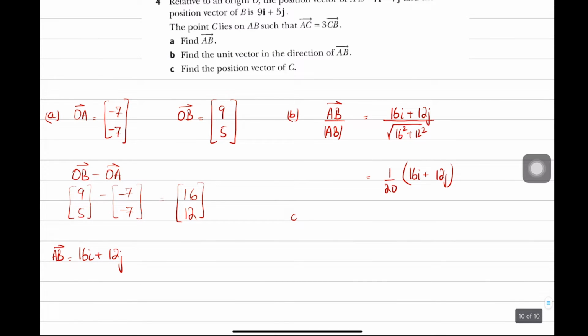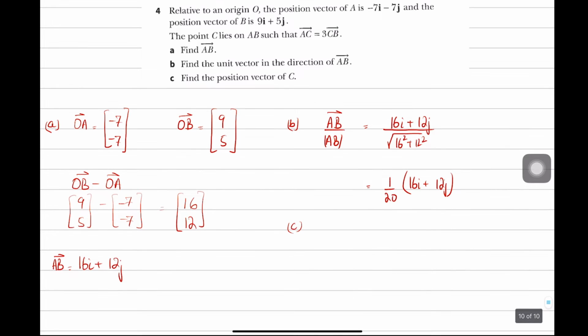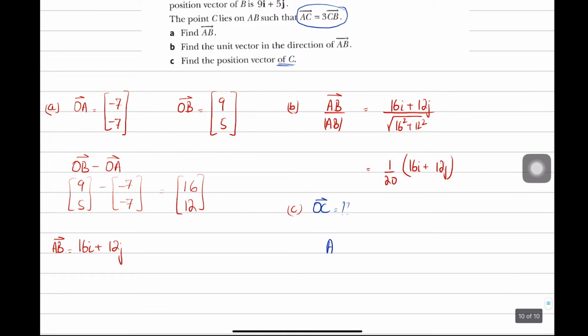Now here's part C, which again is not difficult, but since it's new, you might find it slightly challenging, but it will get easier when we do enough questions. Part C says find the position vector of C, which basically means that we have to find out OC. Notice that this is something that we haven't used so far anywhere in the question. So let's rewrite this: AC equals 3 times CB.